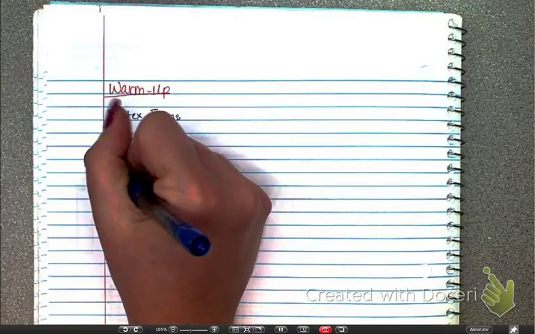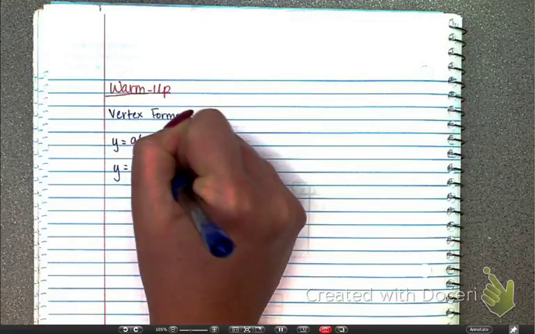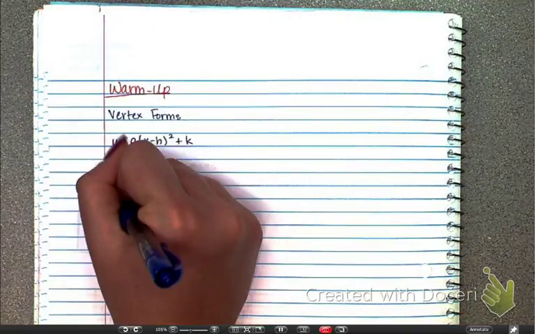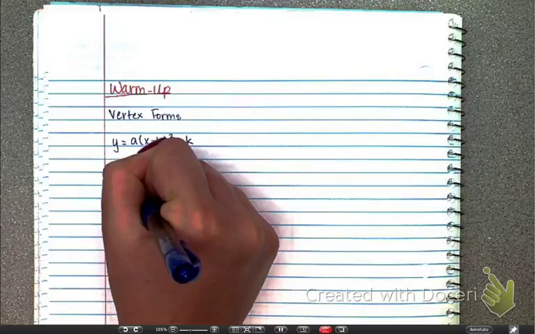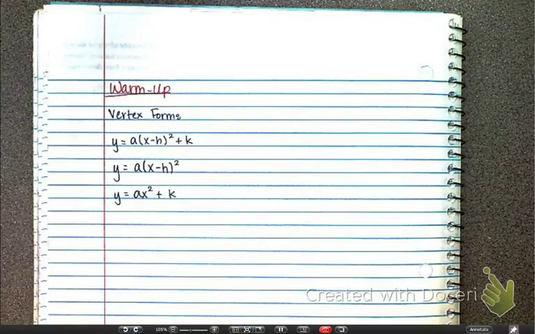You've also seen y equals a times (x minus h) squared, where there's no k, right? That just gives you a shift left and right. We've also seen ax squared plus k, where there's no parentheses, so you don't have an h value.